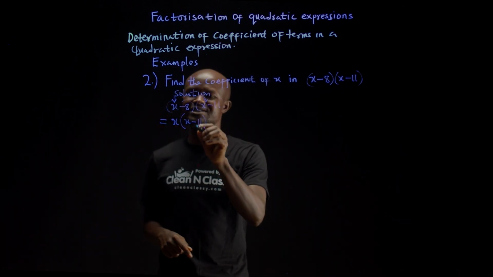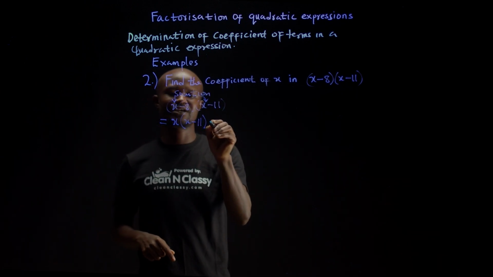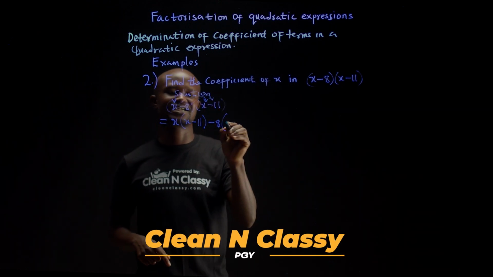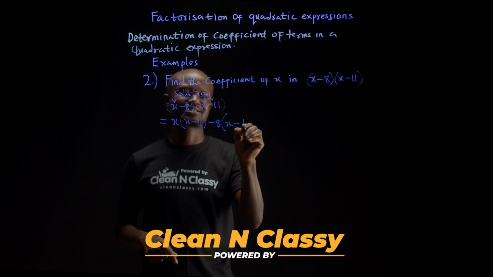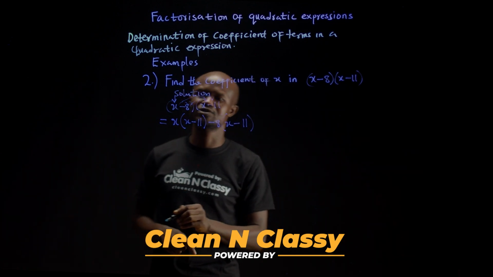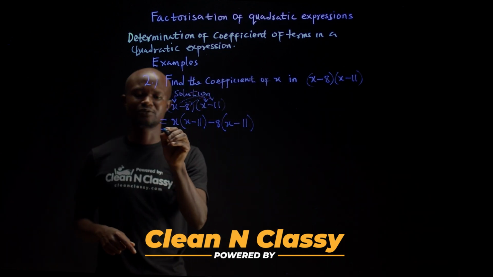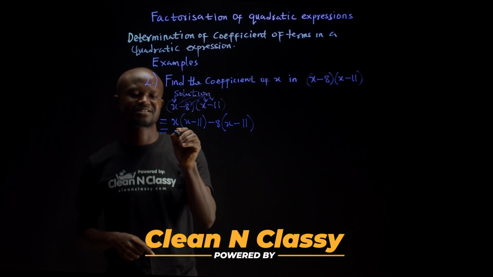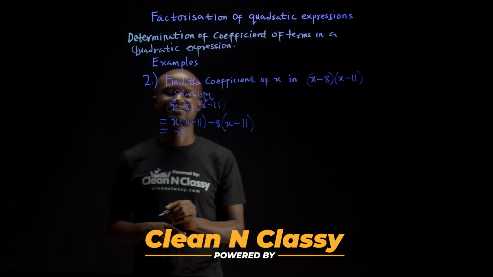Then we use the second term, which is minus 8, to multiply everything here, x minus 11 also.